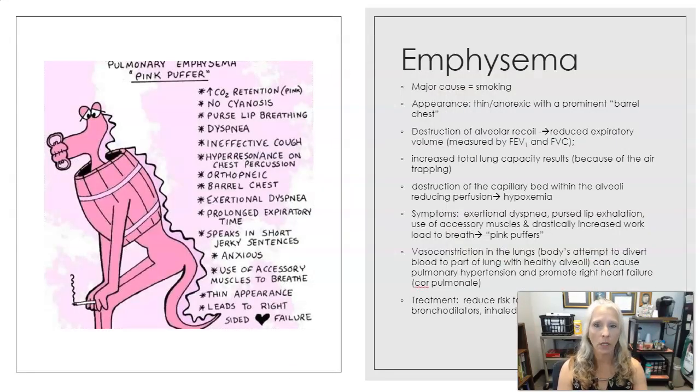Emphysema continued. Again, these patients typically have a history of smoking or are still smokers, and the typical cause of emphysema is long-term smoking. They're not cyanotic like your blue bloaters. These patients have a very ineffective cough.